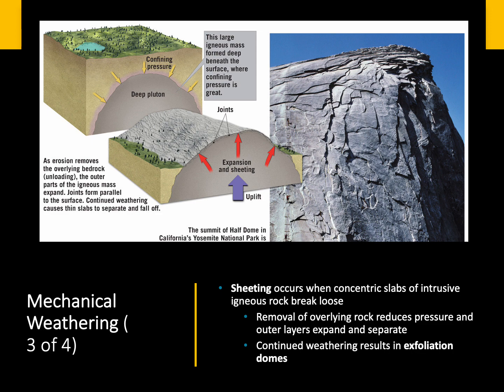When this happens, all of the pressure that igneous rock had been under for millions of years is being released over time. So the rock is going to want to expand as all of that weight and pressure is being removed from it. But as the rock expands, it's going to sheet. We're going to see that thin sheets of rock are simply going to slide off the sides of these rocks, which you can see in the right-hand side of this image.